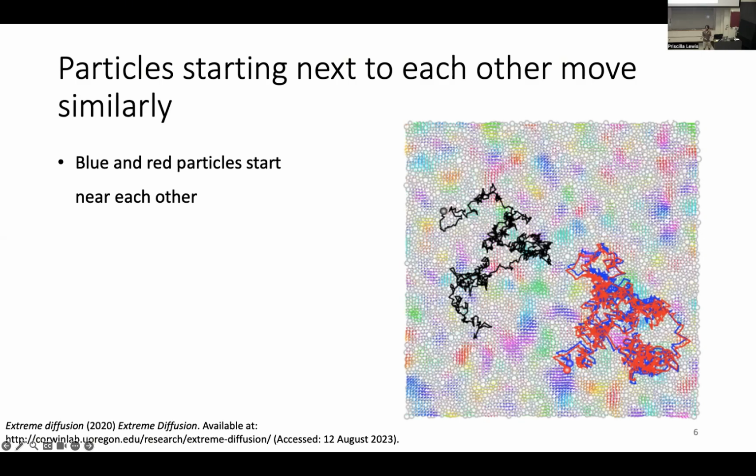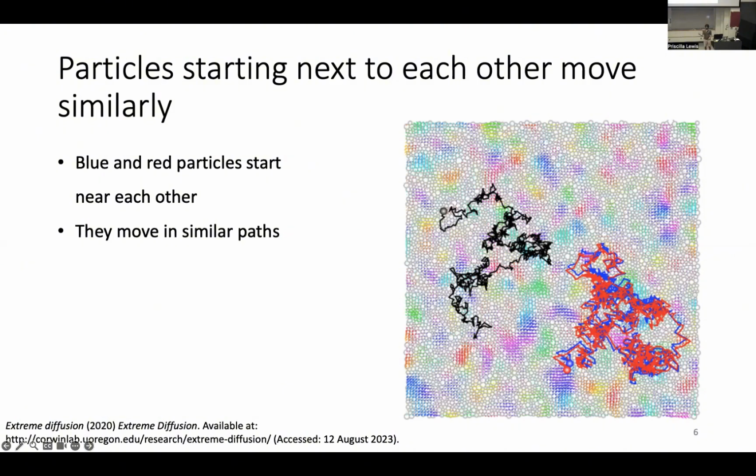And so the idea here is that if you were to have two particles that started near each other, you can imagine that they would be similarly affected by the flow field in that environment if they start close to each other. And so this idea actually works. As you can see, the particles move in similar paths. The blue line is pretty much identical to the red line.